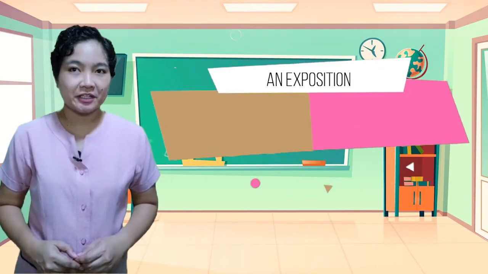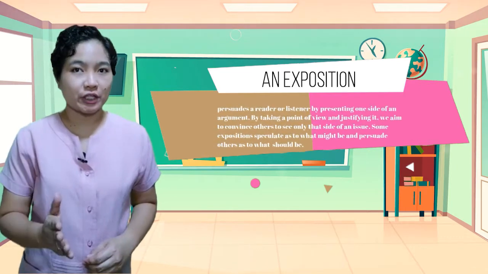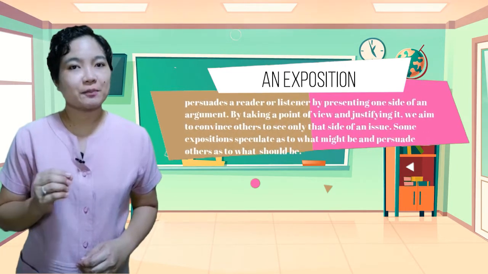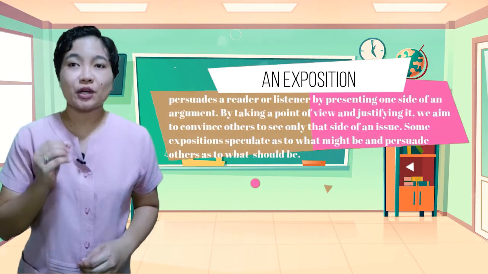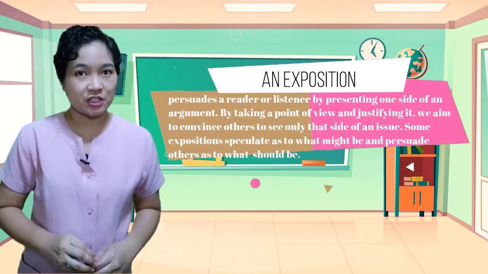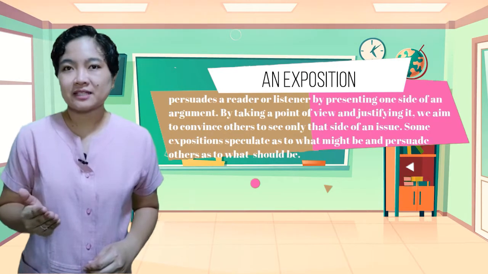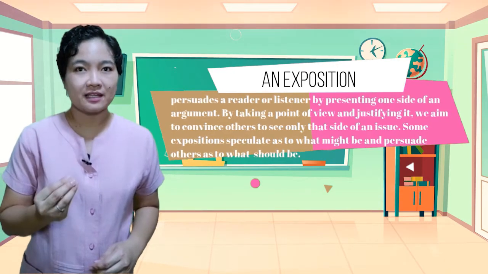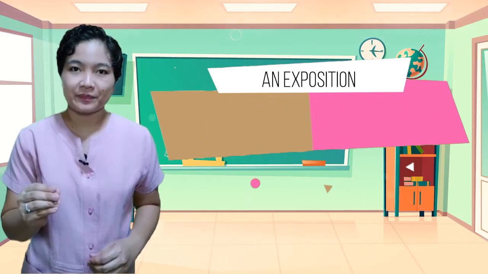An exposition persuades a reader or listener by presenting one side of an argument. By taking a point of view and justifying it, we aim to convince others to see only that side of an issue. Some expositions speculate as to what might be and persuade others as to what should be.